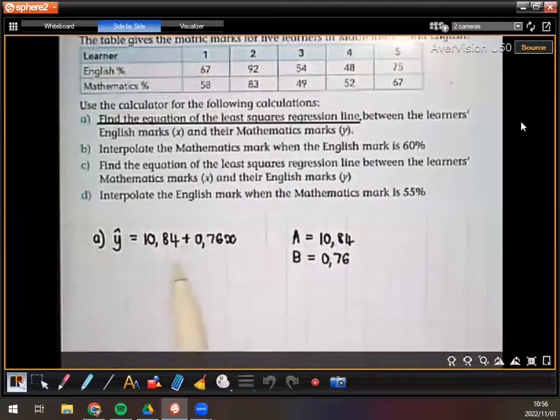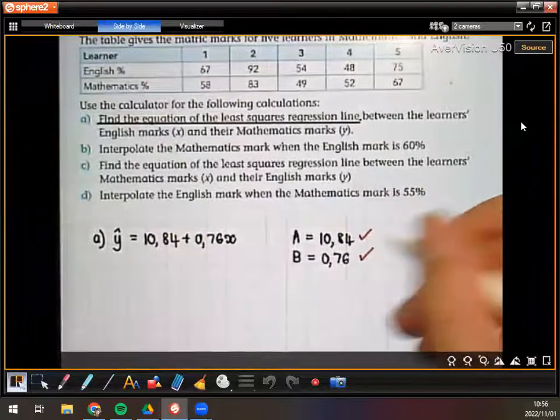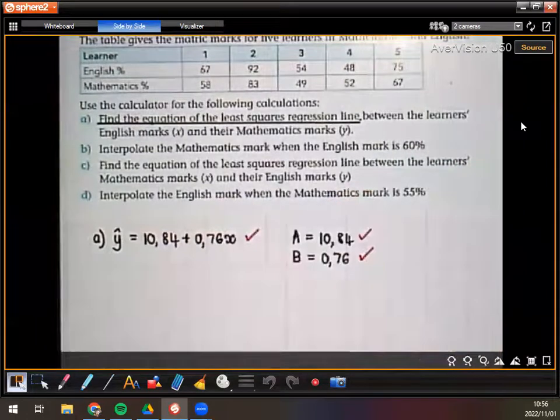So if you're not sure whether the A value goes with the X or the B value goes with the X, write your A and your B value separately because you do get a mark for each of them. And then the third mark is for the equation. If you're not sure whether it is AX plus B or A plus BX, rather write them separately and then do your equation. Because if this order is wrong, you can only get 2 out of 3.